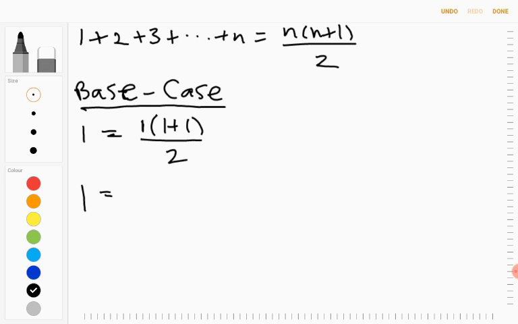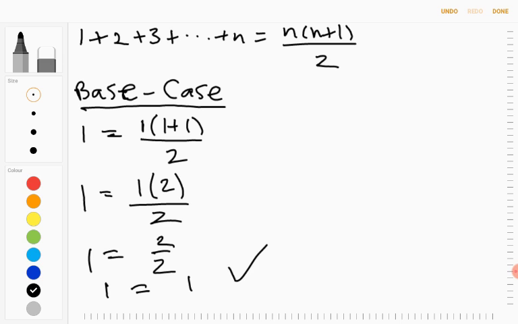And then we have 1 is equal to 1 times 2 over 2. And so 1 is equal to 2 over 2. And so 1 is equal to 1. So the base case is correct.